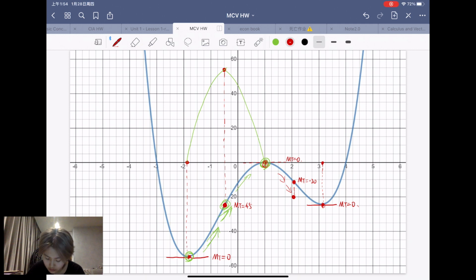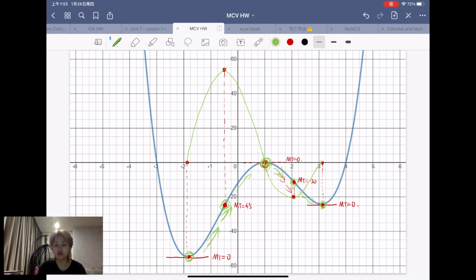Now from these 2 points, the tangent line is negative, so the y values of the derivative should be negative. And from the point here to there, it should be less negative and more positive until it touches this point equal to 0. So the y values of the derivative function should be positive.